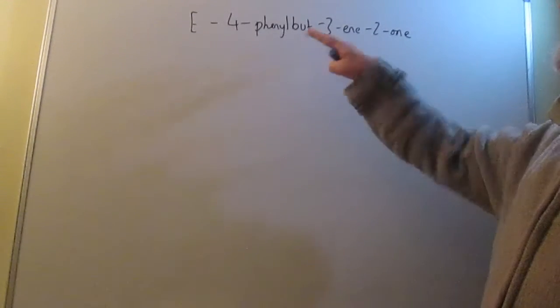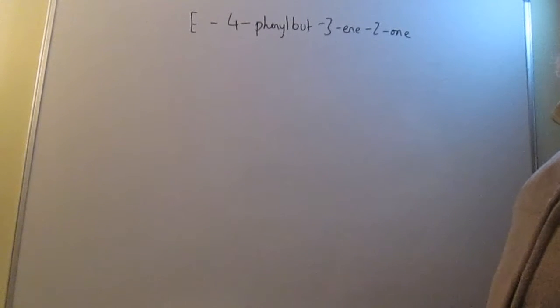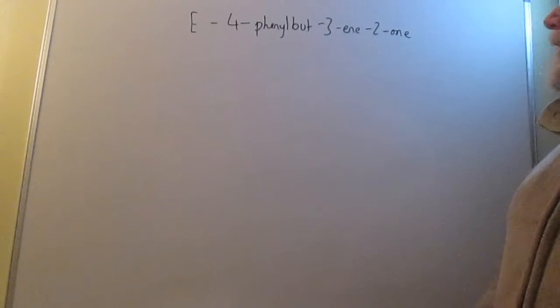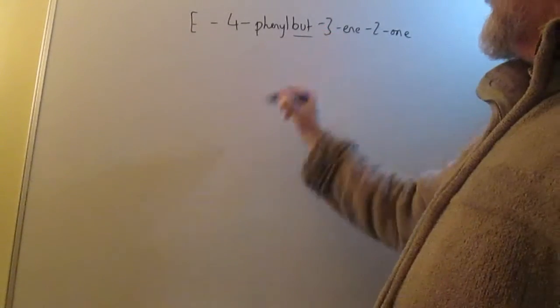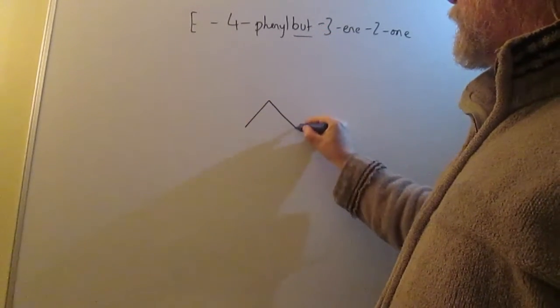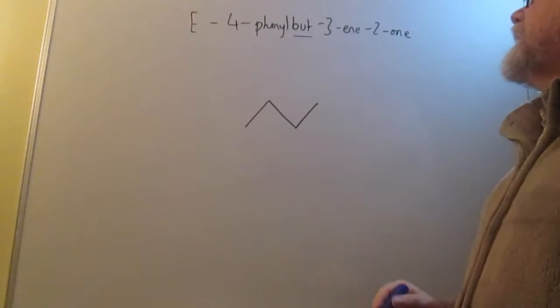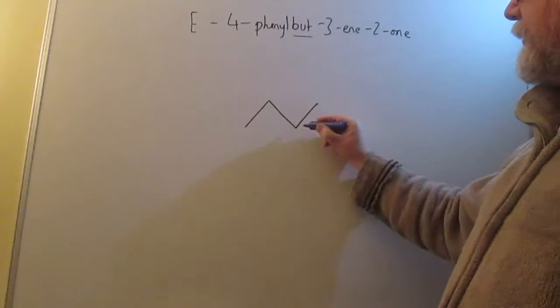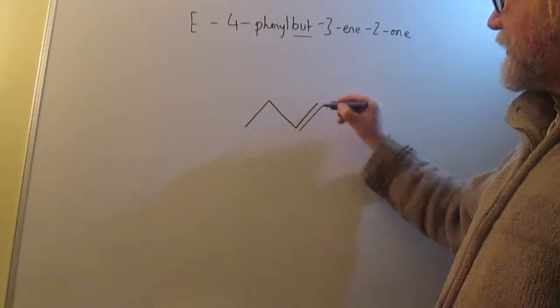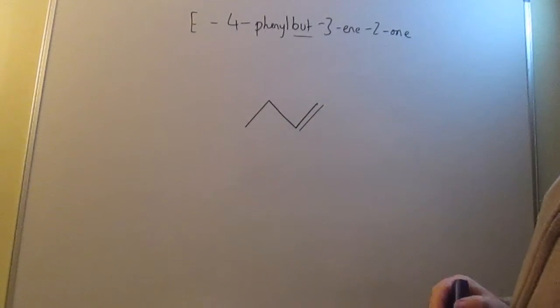Question 9 then is about this compound, and the first thing we have to do therefore is to get its structure right. So starting with the but- tells us that we have a chain of 4 carbons, and it's but-3-ene. So if this is carbon 1, carbon 2, carbon 3 is where the double bond starts, so that's going to be 3 to 4.